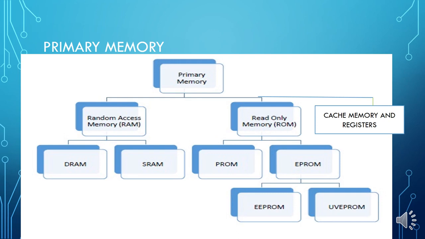Now you already know the full form of DRAM and SRAM. DRAM stands for dynamic RAM and SRAM stands for static RAM. Static RAM uses bistable latching circuitry to store one bit each and hence is faster than its counterparts.